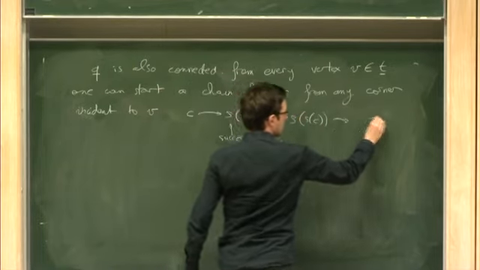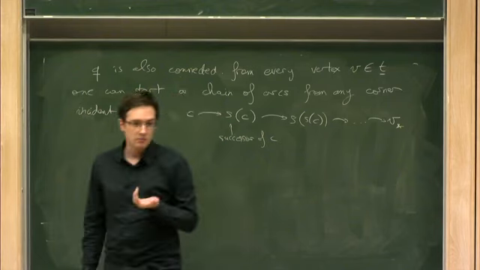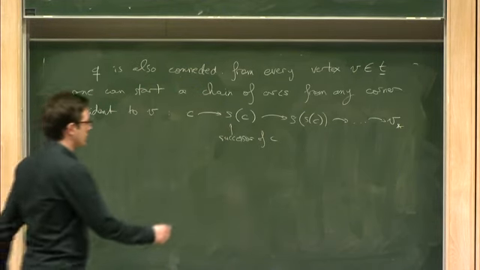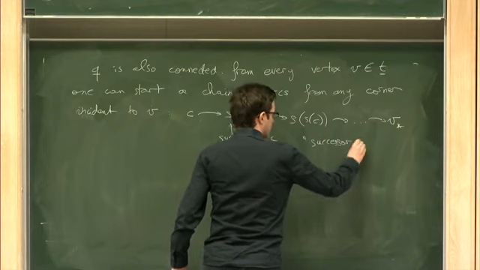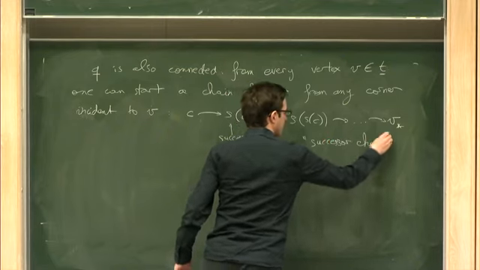And every time the label diminishes by 1. So after some time, necessarily you must stop and arrive at the vertex V star. Okay, and that gives you an explicit chain from the vertex V, okay, to the vertex V star. Okay, so I want to call that a successor chain. Okay, and so therefore the graph is connected because every vertex is connected to V star.